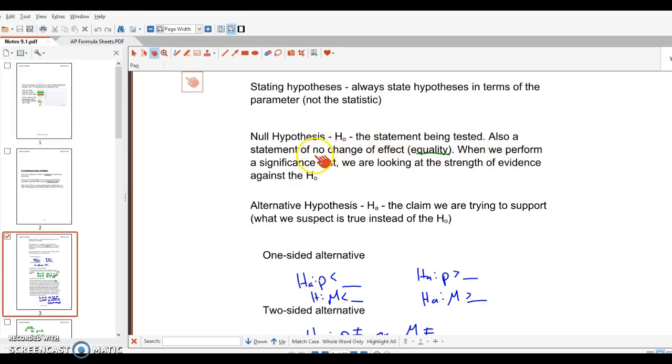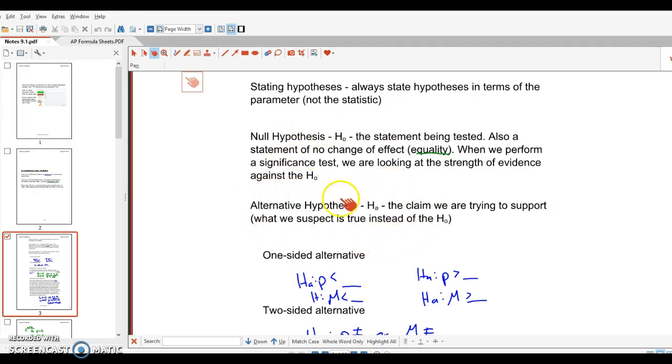It is the idea that nothing has changed from what was previously believed. So it would be that the mean is still equal to whatever, or that the proportion is equal to 80% in the basketball player example. When we evaluate our hypotheses, what we're really judging is whether or not we believe this null hypothesis is true.